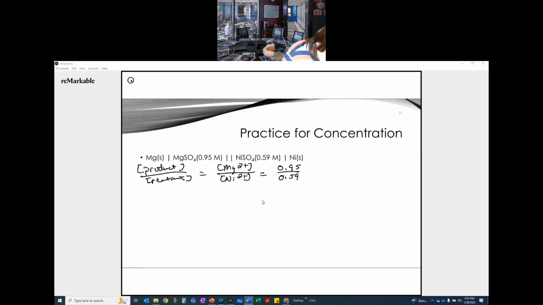Okay, well that's awesome. Let's take a look at the rest of this. So we need to have Mg solid going to Mg2+ plus 2e-.